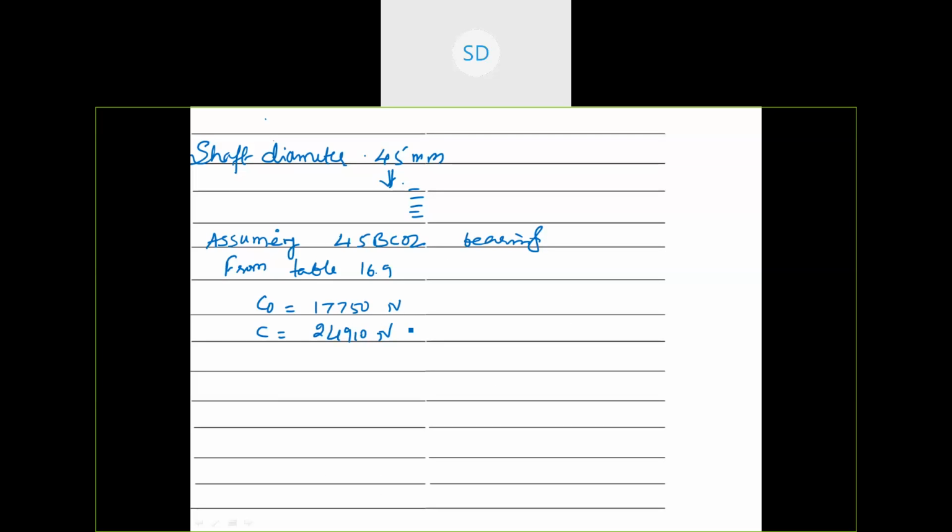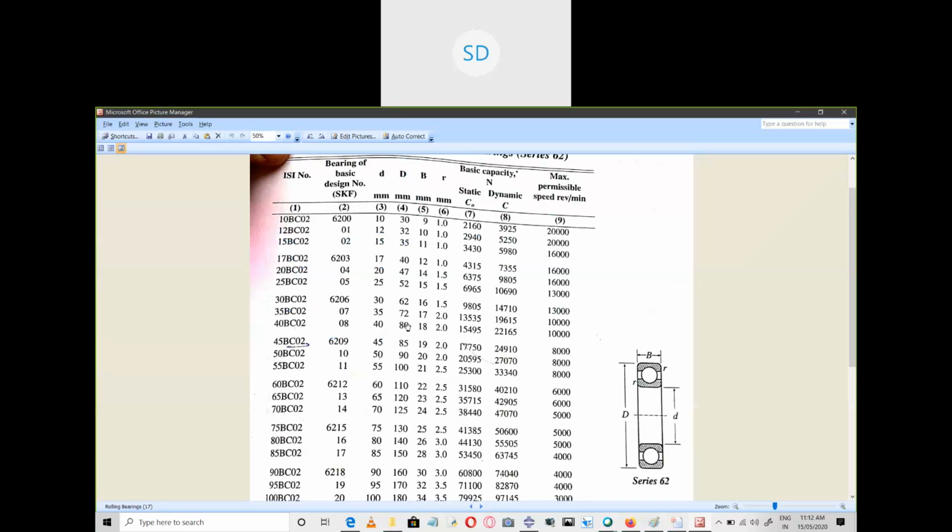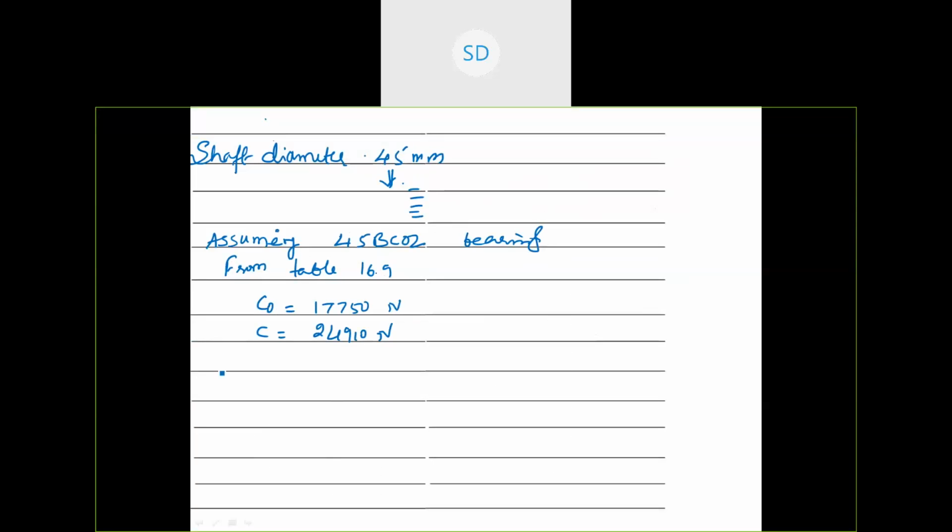Now what is the first step? You need to find out the ratio Fa by C naught. So step 1, calculate Fa by C naught.